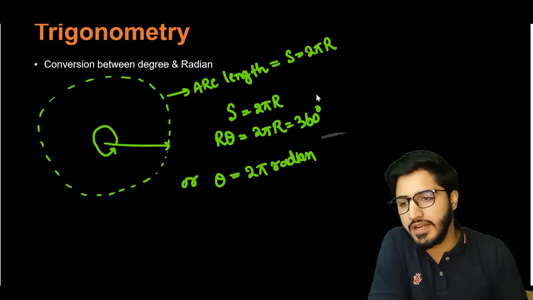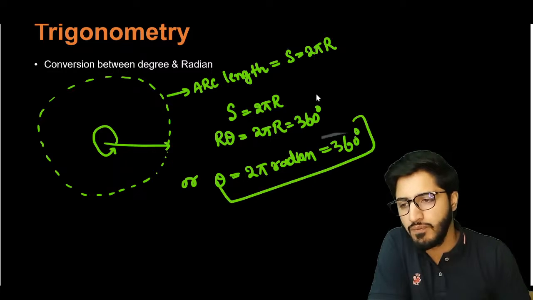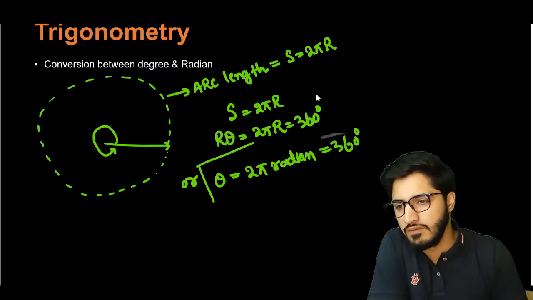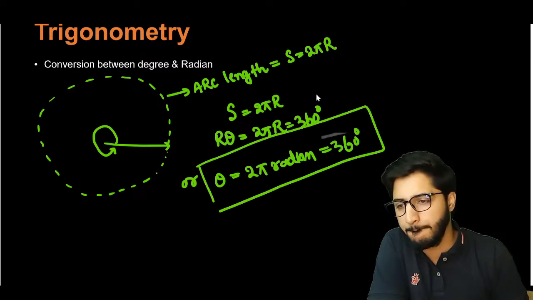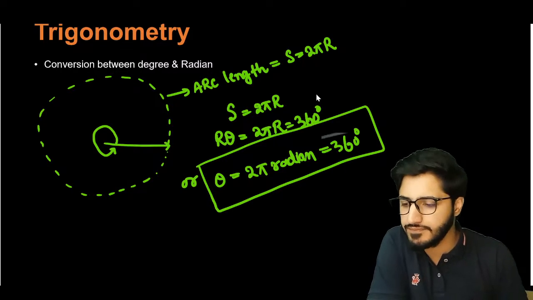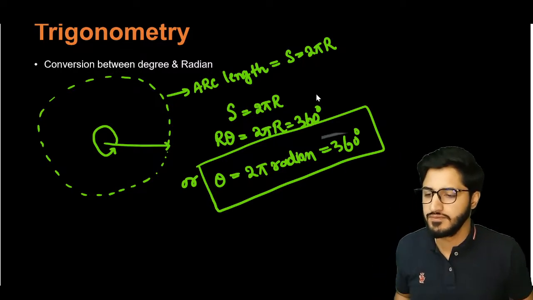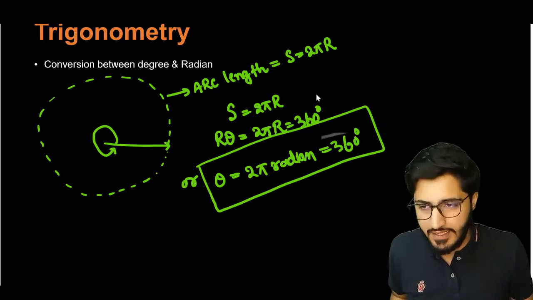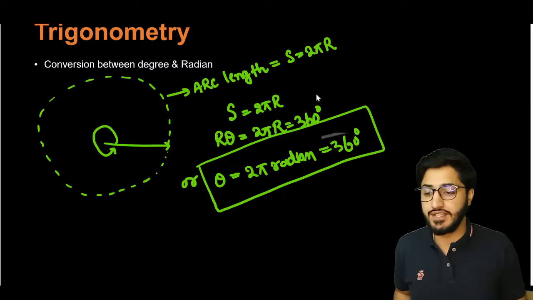Theta is nothing but 2 pi radian, which will be equal to 360 degree. So one complete revolution means 2 pi radian, and 2 pi radian means 360 degree.